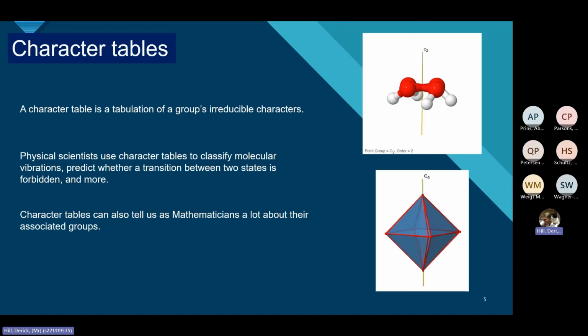Character tables are used by physical scientists to do fancy things like classify molecular vibrations, predict whether a transition between two states is forbidden, and more. And I forbid you to ask me any questions on that afterwards, because that is definitely not my field of expertise. But character tables can also tell us as mathematicians a lot about the associated groups.